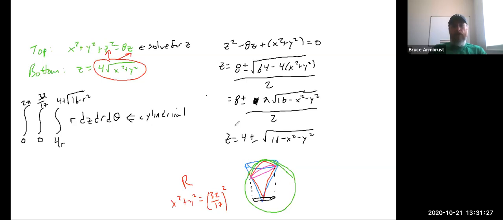So if we're going to go to spherical, first, remember that what we need is a rho squared sine phi. We talked about that last time. I'm going to prove it for you today. And then we had a d rho, d theta, d phi, it doesn't really matter. So the rho's are going to go from 0 up to the top. So we need to convert this thing to spherical.